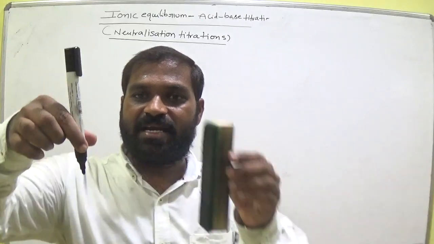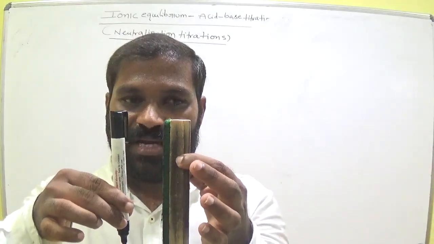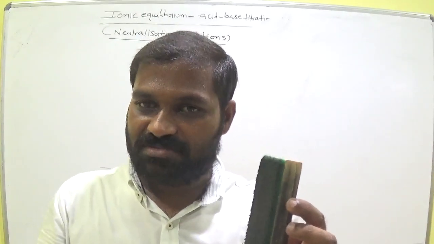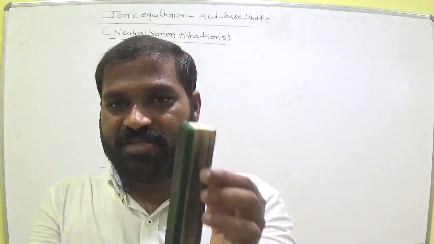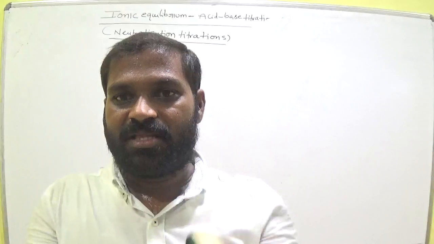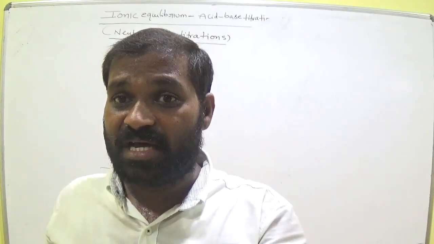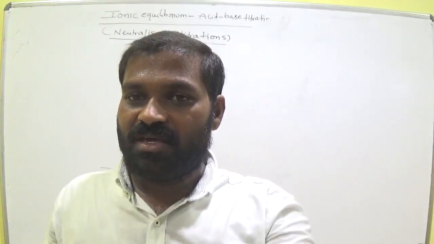We take the burette. This is the burette stand, and this is the burette. We keep one solution in the burette, and in the conical flask 20 ml of another solution, add 1 or 2 drops of indicator, and go for titration. That means releasing dropwise into the conical flask with proper shaking. At a particular pH in the conical flask, the indicator changes its color, then we can stop the titration.